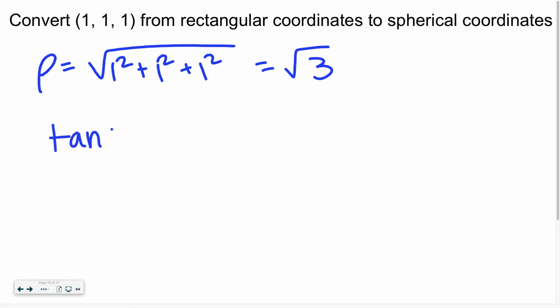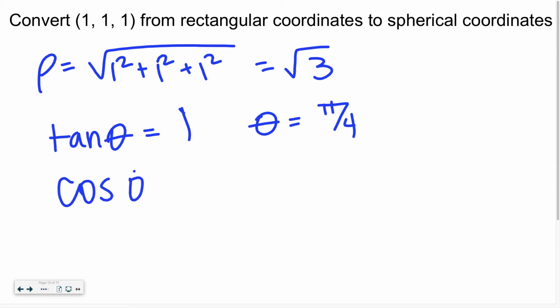The tangent of theta is equal to 1 over 1. So theta is pi over 4. The cosine of phi is 1 over radical 3.